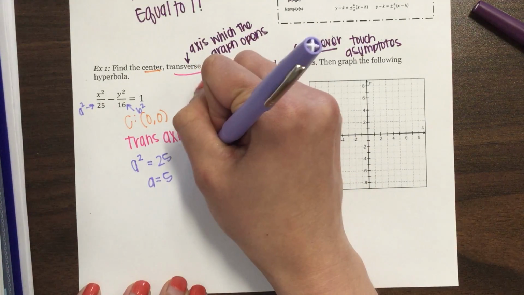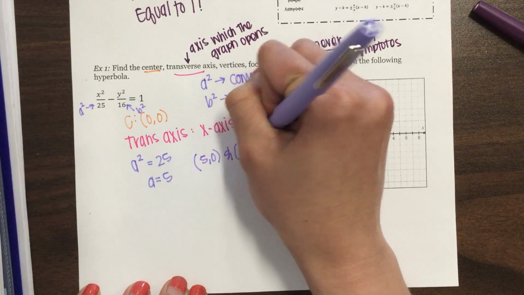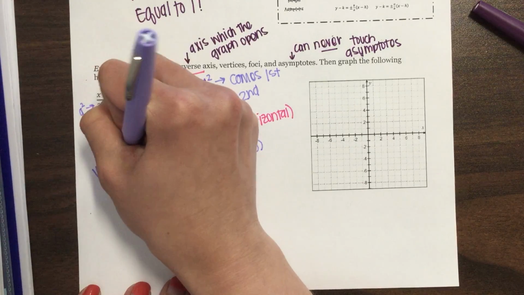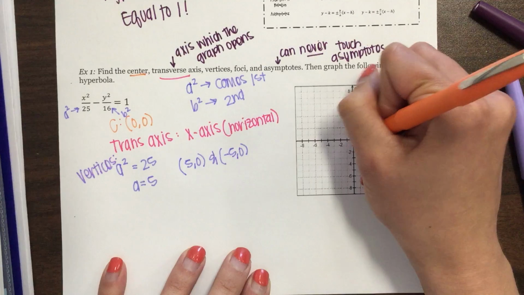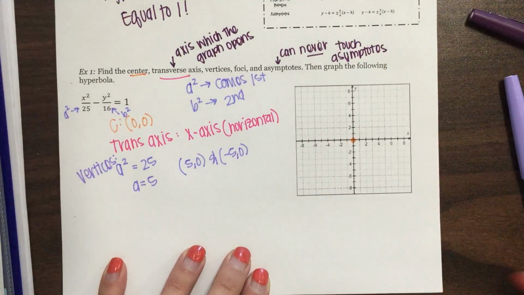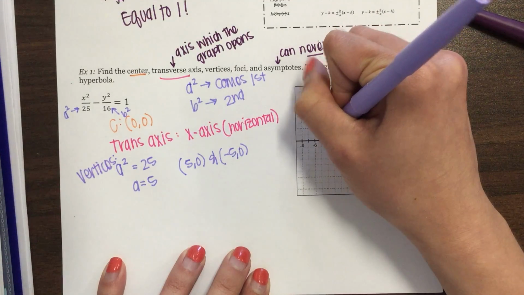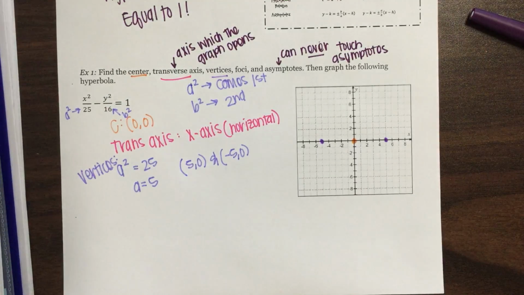So it's going to be 5, 0, and negative 5, 0. Those are the vertices. I'm just going to graph these things. My center is 0, 0. My vertices are positive 5, 0 and negative 5, 0.